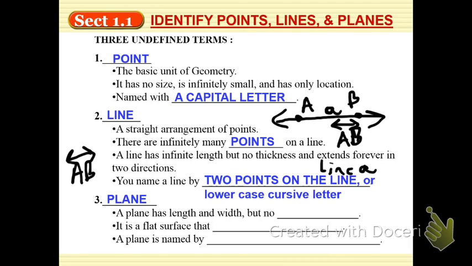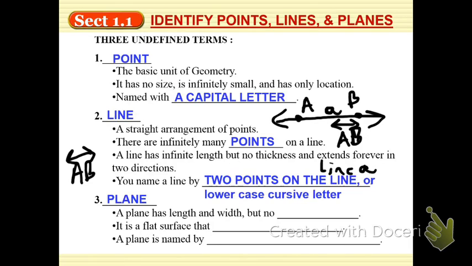Then our third term of geometry is plane. Anybody know what a plane is? Can somebody give me an example of a plane in this room? Okay, a plane could be your desktop, the ceiling, the chalkboard is a plane, right?